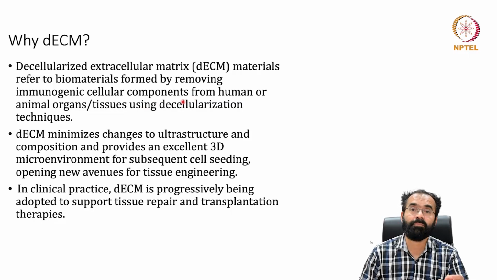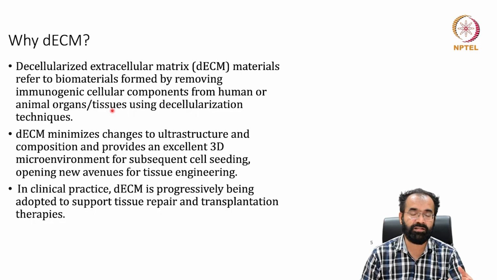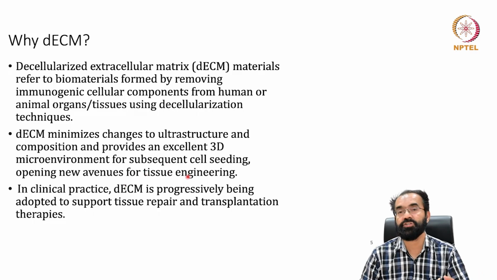So immunogenic cellular components are what you are trying to get rid of, from a human or from another animal. Say you took the kidney from a pig, everything is fine, but the pig cells you don't want, although the pig kidney is working perfectly fine. So animal organs and tissues always cause severe immunological rejection. But if you decellularize it, then that matrix is not a serious antigenic molecule in your body. dECM minimizes changes to ultrastructure and composition and provides an excellent 3D microenvironment for subsequent cell seeding, opening new avenues for tissue engineering.